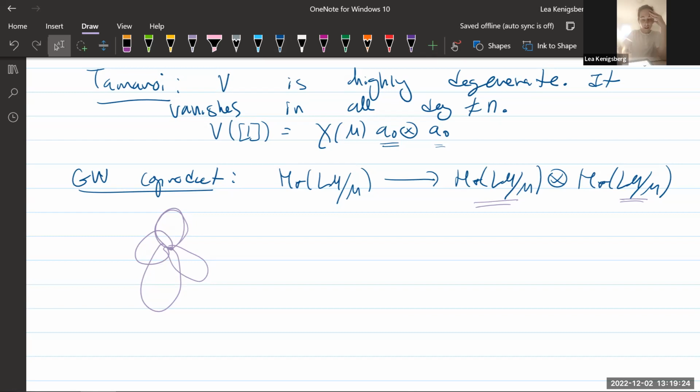But this was proved by Cohen, Klein, and Sullivan. They show that the Chas-Sullivan product is a homotopy invariant.